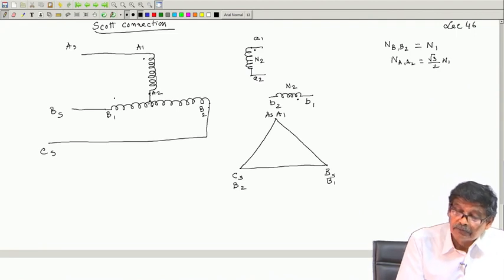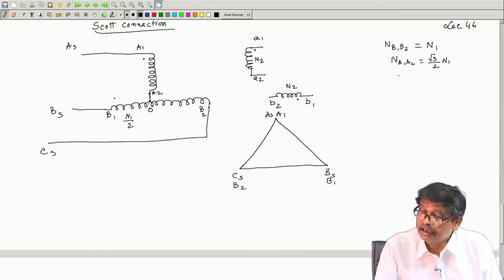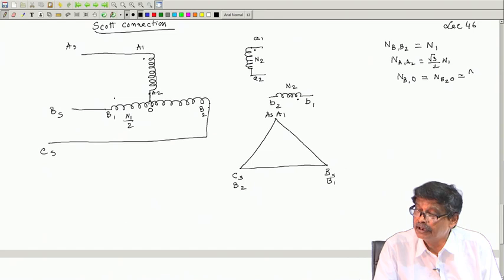Now, the question is what will be the applied voltage across A1 A2. Mind you, in this transformer B, the primary has a tapping at 50%, and that point I called O, such that the number of turns this side, N B1 O, is equal to N B2 O, and these are equal to N1 by 2.